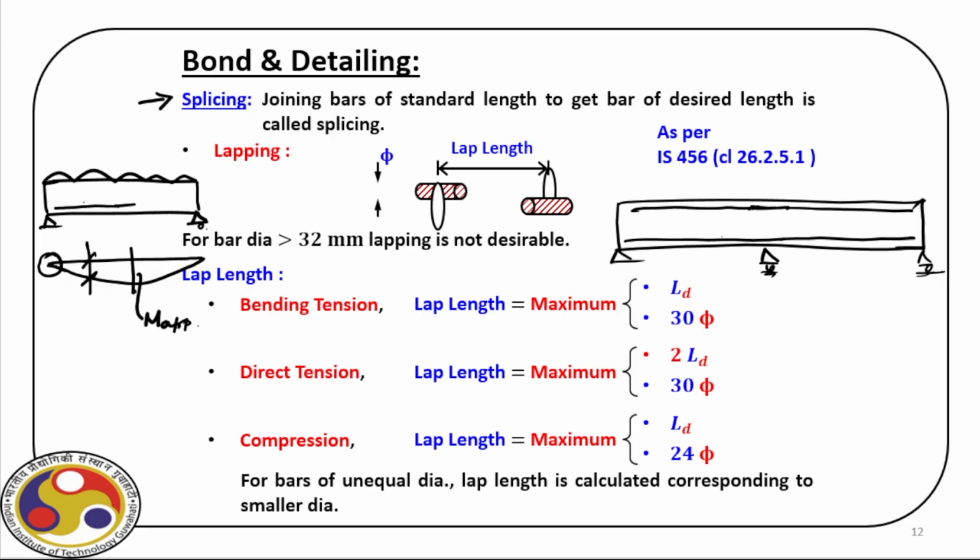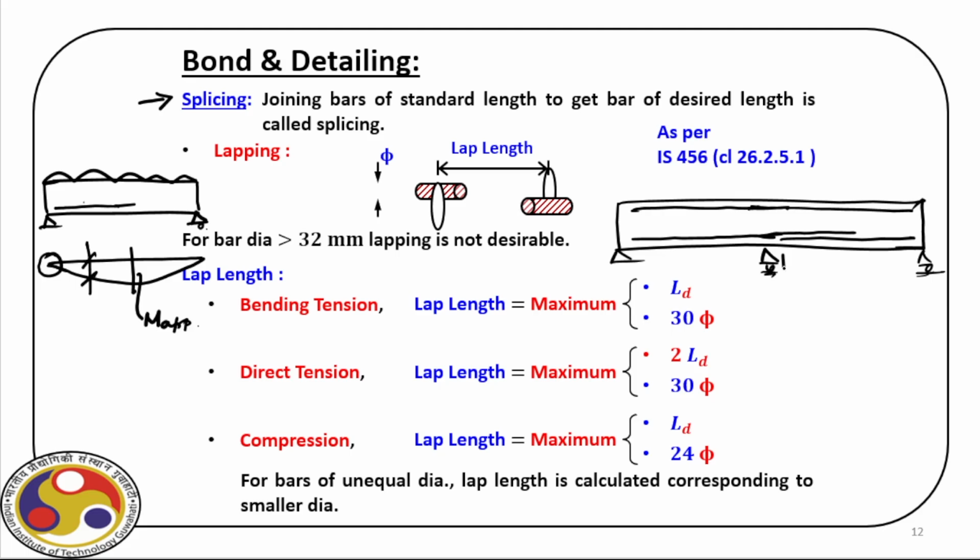The question is what we should do in those cases and how we should place the bar, because if we have a lap here, that means we have one bar here and another bar coming here, because we do not have a single bar of sufficient length.